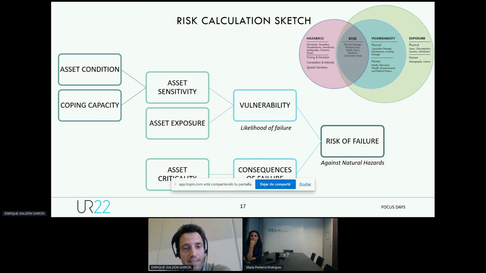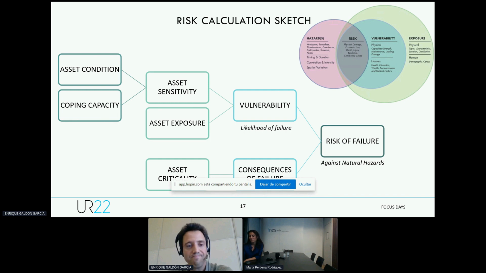And afterwards, we have the asset sensitivity, which is how sensitive the asset can be to the external action of climate exposure, which is defined on first hand by the condition. Obviously, if you have something in bad condition, it's going to withstand worse than if it's in great condition. And afterwards, we have the coping capacity, which basically is how well the asset is designed for withstanding the climate exposure.